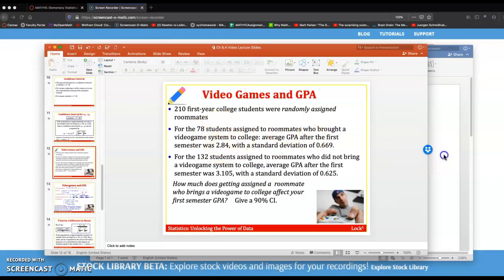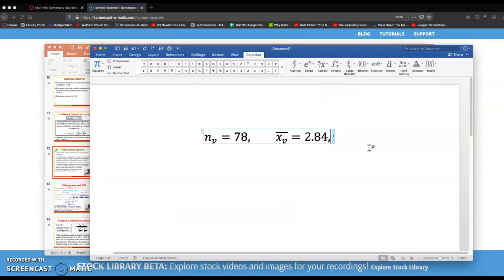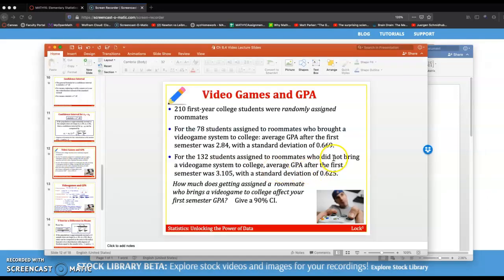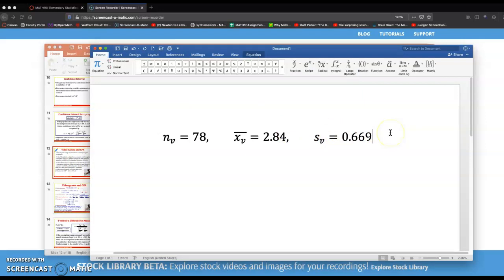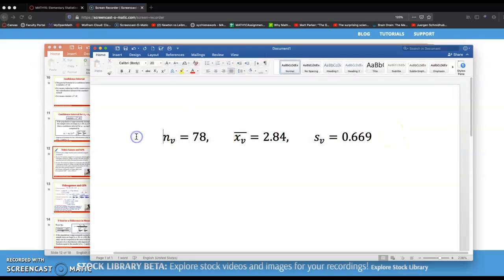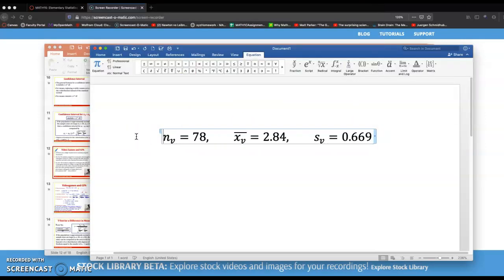So that's 2.84. And S subscript v will be the standard deviation, 0.669. Let me double check that. 0.669.